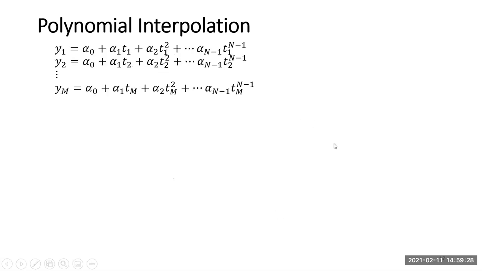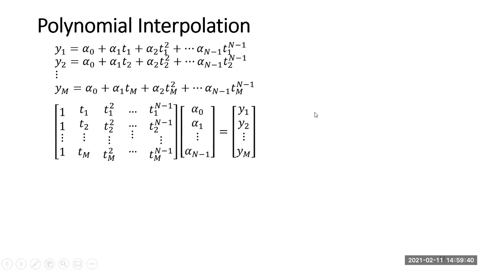So this is what I have to solve for, right? The alphas, alpha naught, alpha 1 until alpha n minus 1 are the unknowns. Rearranging them in vector matrix form, this is what I have. These scalar set of equations give me this single linear equation in vector matrix form.